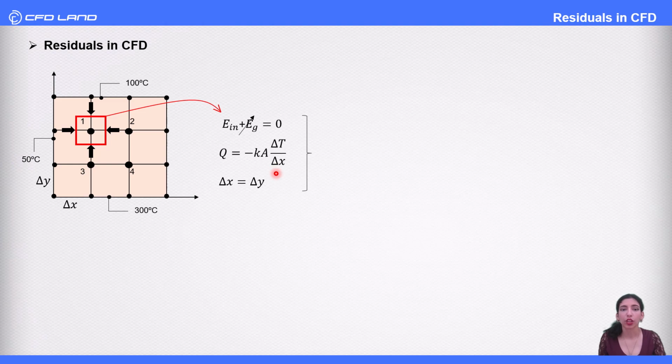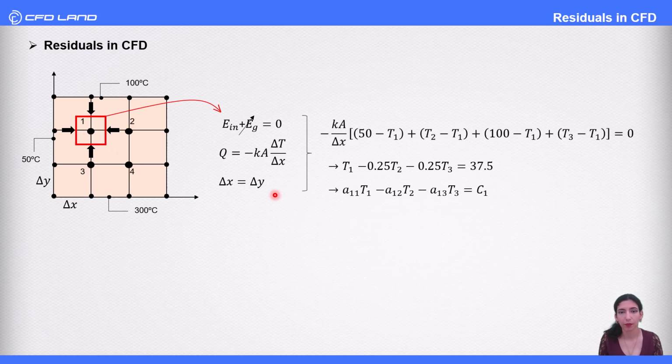Now, if we input Fourier's law into the conservation energy for cell number 1, we have an equation. Our final equation is the summation, an algebraic equation, summation of temperatures with coefficients equals a constant. Now, we can do the same process for all the other cells in our mesh.